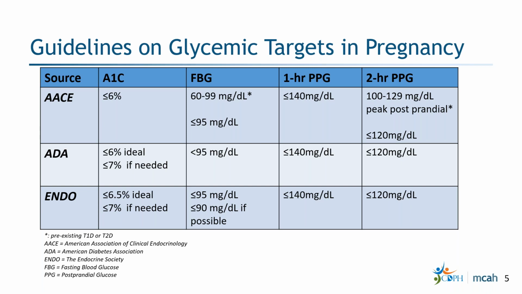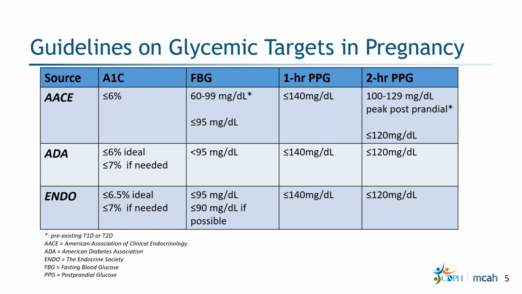Typically we recommend for women to check fasting glucose, and we're aiming for that to be under 95 within most organizations, or even under 90 if possible. One hour postprandial is typically when we expect that peak postprandial glucose to occur, and we're really trying to keep that under 140, and all the organizations agree on that.